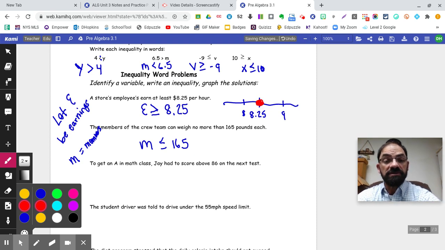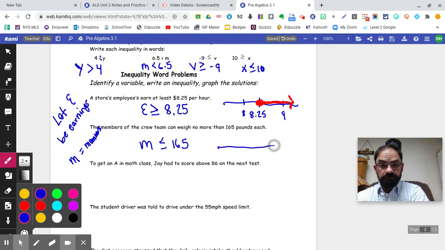And since the variable's on the left, once again, I can shade in this direction. And yes, these should have arrows on them as well. 165, I could have 170 over here, 160 over here.